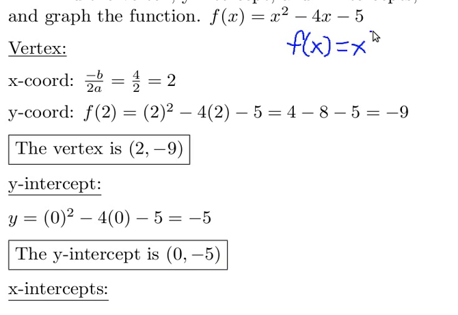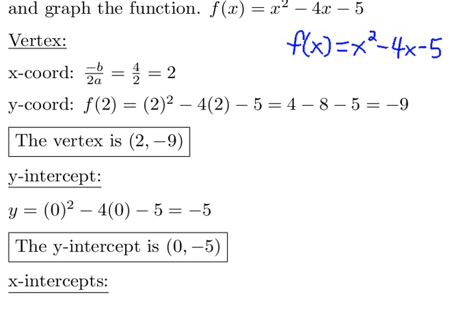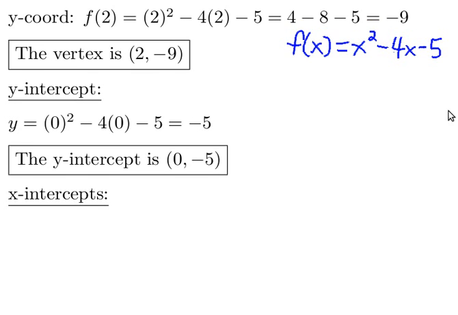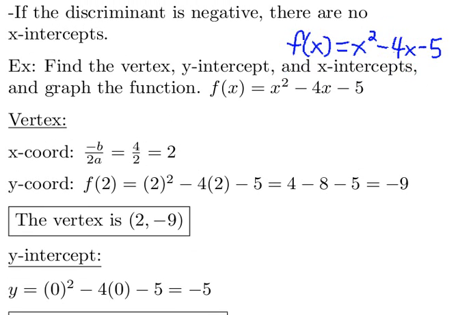So f of x equals x squared minus 4x minus 5. I wrote that there because you can see that it doesn't scroll with everything else, so I can keep it there.